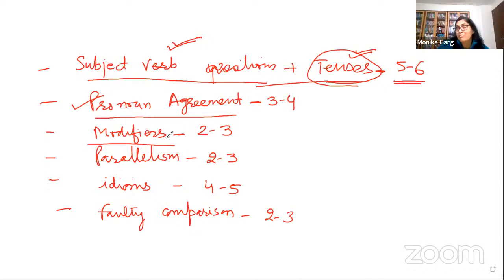For example, if I say, "she served sandwiches to her children on a plate." When I say she served sandwiches to her children on a plate, the sentence suggests that the children are on a plate. Children on a plate. That's absurd, obviously. So how do you correct it?